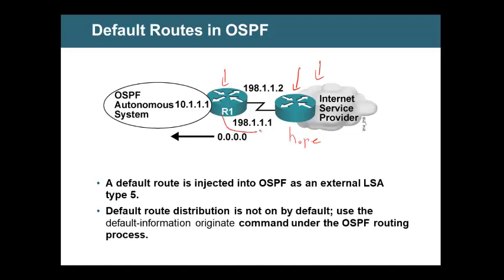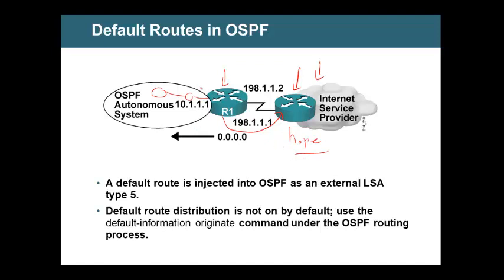How will you tell every router that is inside running OSPF that we have a hope? How do you tell them, hey routers, if you want to go to someone whom you don't know, come to me? You need to tell. Who needs to tell?